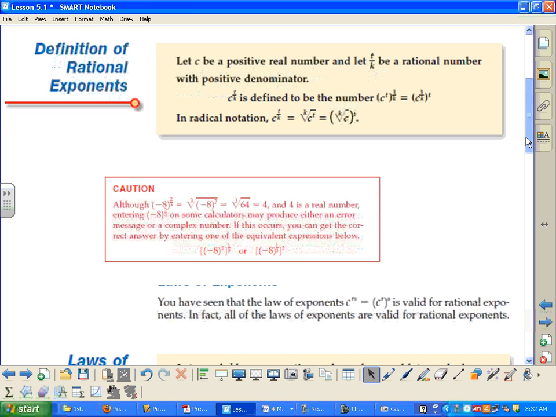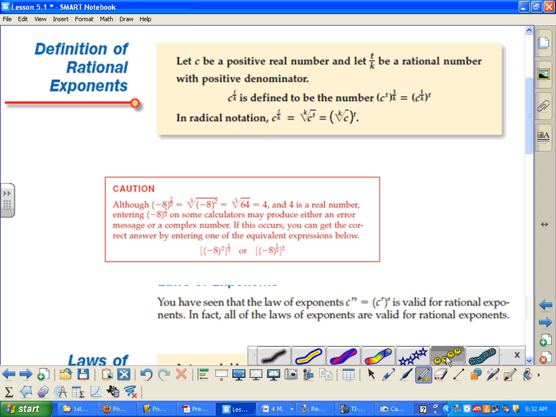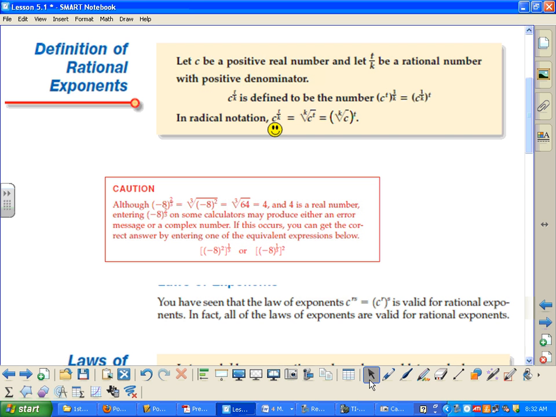So here's the way it works when we're doing rational exponents. If we have c raised to the power of t over k right here, then that's going to be the kth root of c raised to the power of t. So the denominator is the index. That's the number that goes here for the radical.